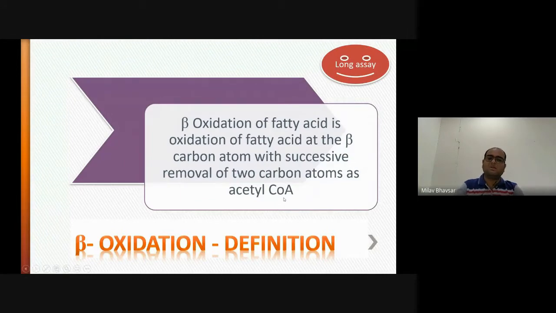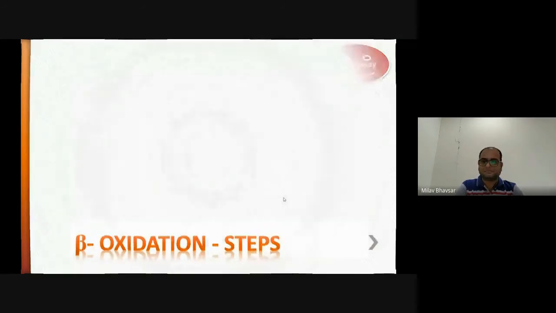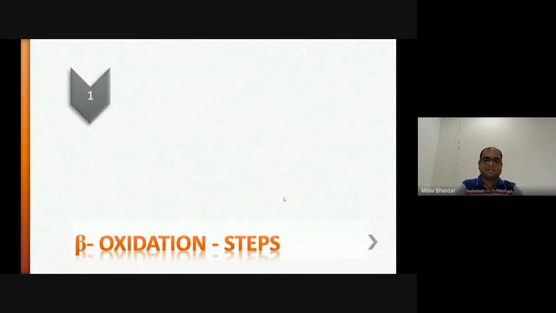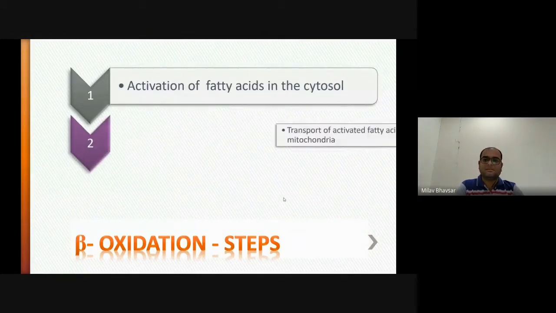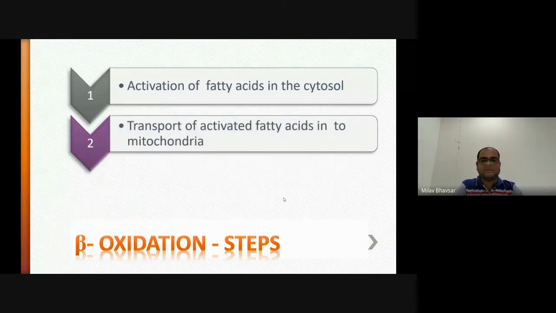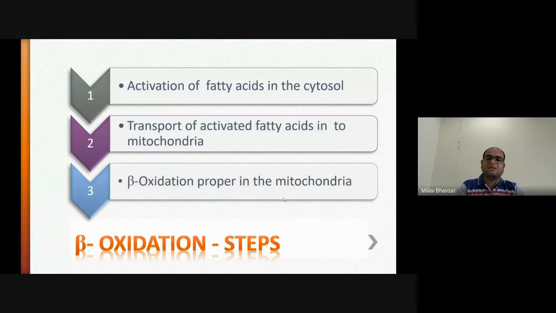One by one, two carbon atoms are removed as acetyl coenzyme A, and ultimately it is completely degraded. Now we'll discuss how it happens, step by step. First is activation of the fatty acid in the cytosol. Then this activated fatty acid is transported into the mitochondria, and beta oxidation proper takes place.